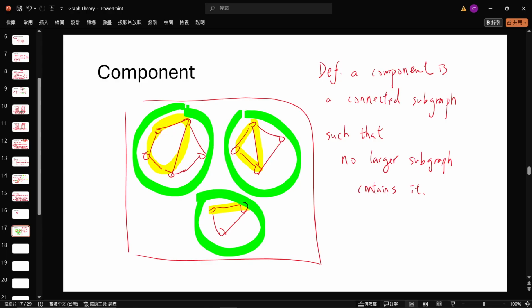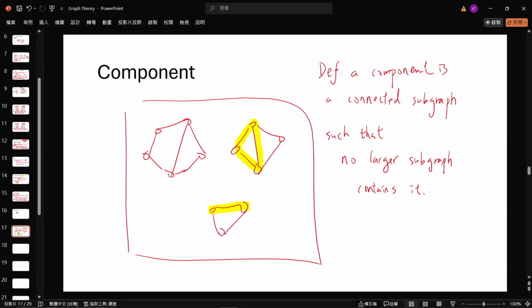So let's try to apply this definition to the graph and see. Is this a component according to this definition? If this is a component, then it has to satisfy this constraint.